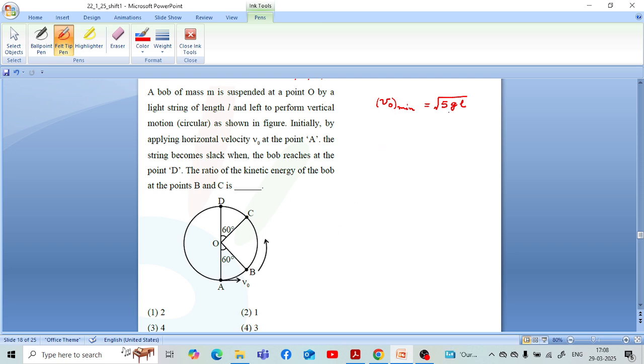So this is the data which we have to use to solve this particular problem.